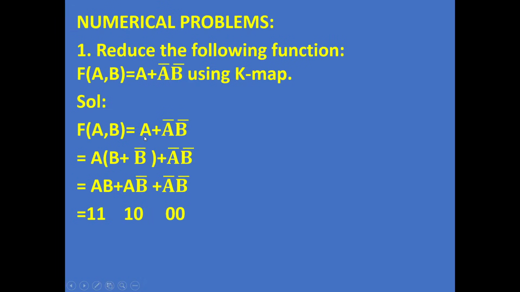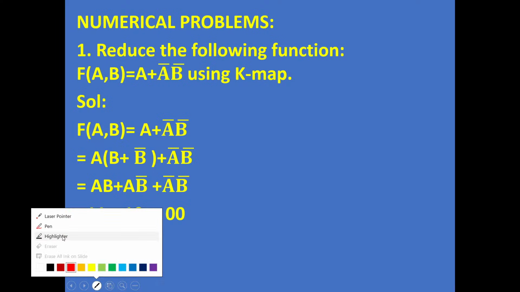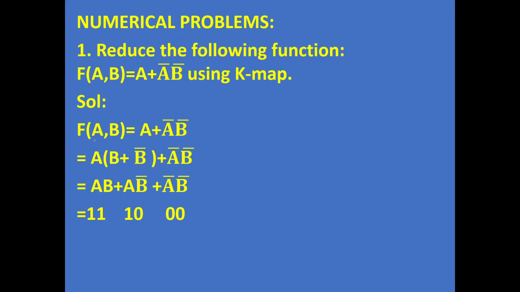So even if it is an SOP form, it is a two variable system, A and B. So in this term, A is there, B is there, that's okay. But in this term, only A is there, B is not there. We need at least two variables in each term.